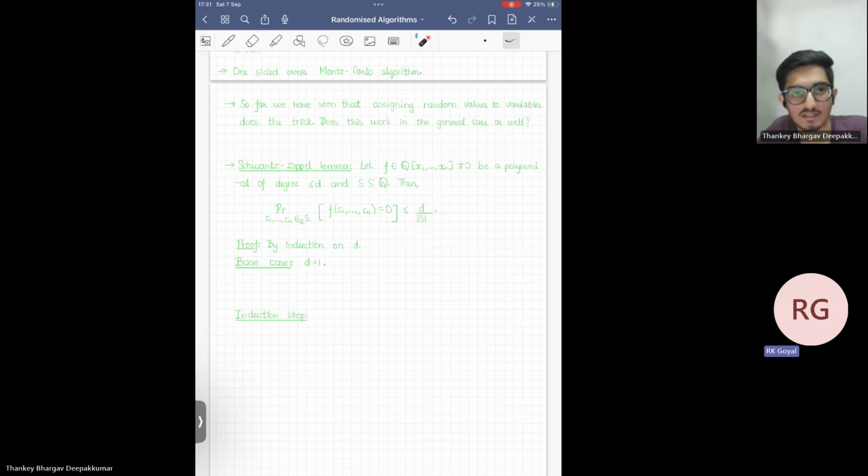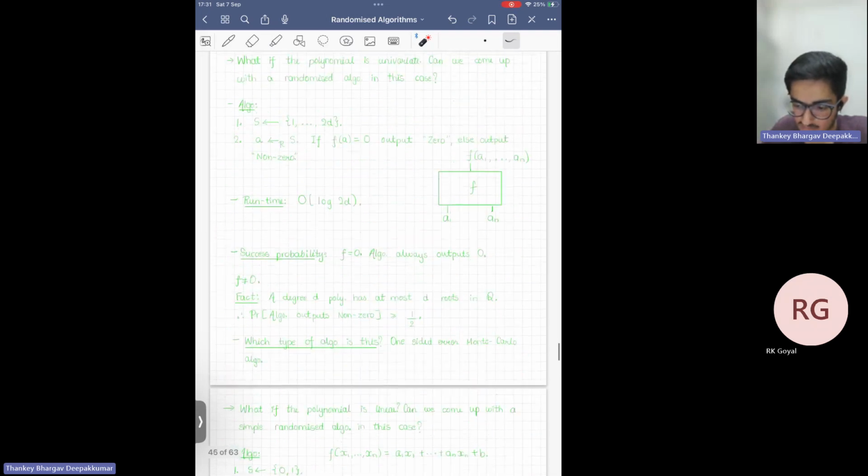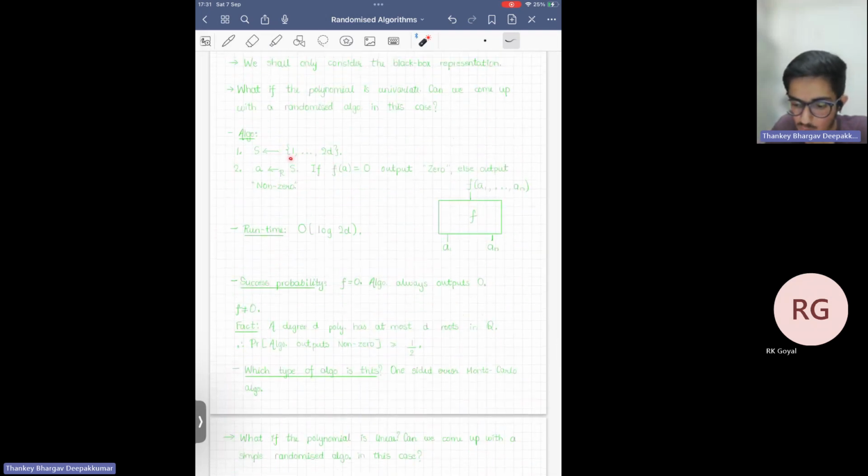That happened in the case of univariates as well. Even in the case of univariates, if instead of 1 to 2d I had picked 1 to 1000d, then this probability would have been 1 over 1000.